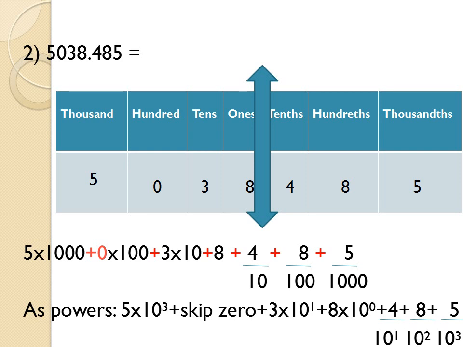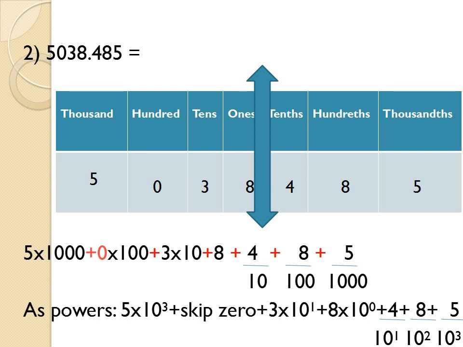So it becomes 4 over 10 plus 8 over 100 plus 5 over 1000. ليش ال 4 over 10 because هي أول رقم بعد الفاصلة. 8 over 100 second number بعد الفاصلة، وال 5 over 1000 third number بعد الفاصلة. حتى كمان ال 4 موجودة بال 10 so I put it 4 over 10. ال 8 موجودة بال 100 so بحطها over 100، وال 5 موجودة بال 1000 so بحطها over 1000.